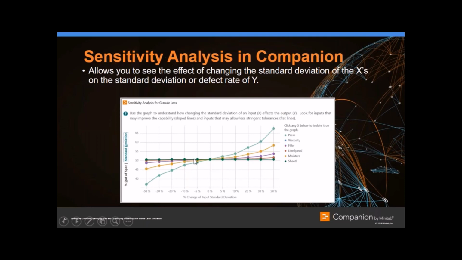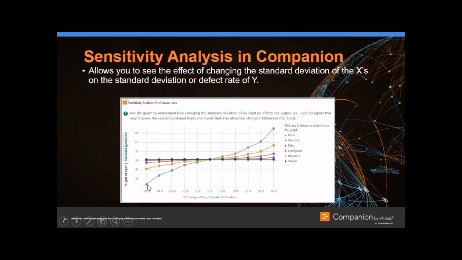Then you also look for things that are relatively flat. As the variation increases for some of these factors, something like sheet tension, in this case the green one, it shows that increasing the variation is really not going to make a difference on the variation of the response. So that one maybe is more robust to things like that. Robust parameter design is similar to what we're talking about here.